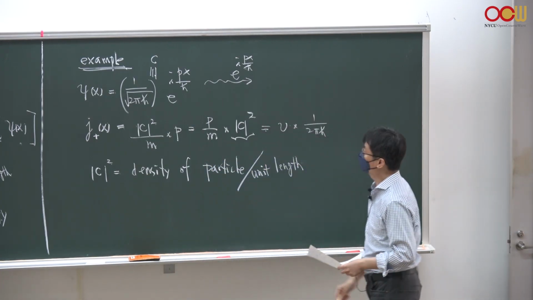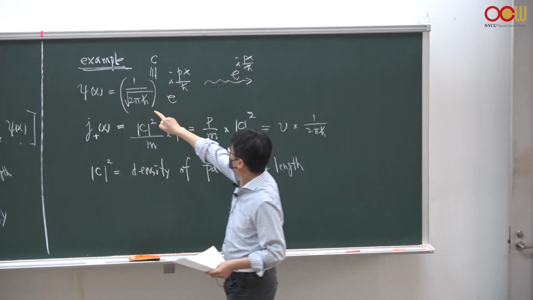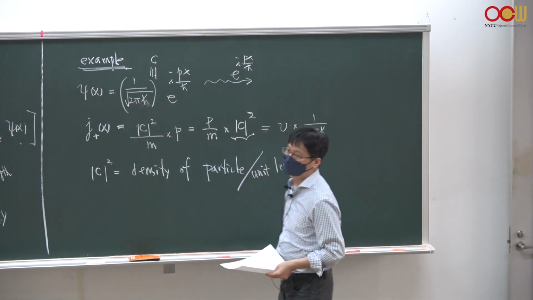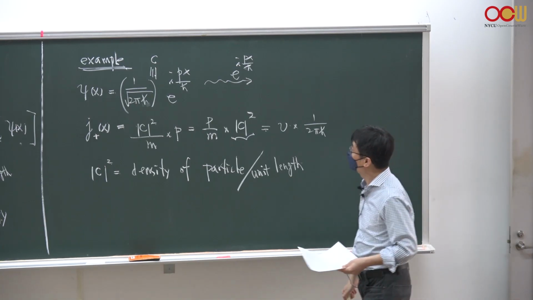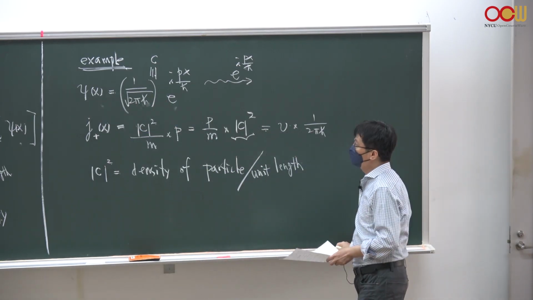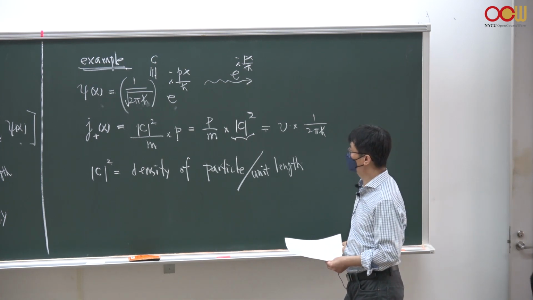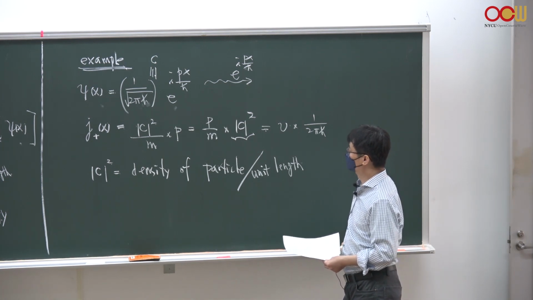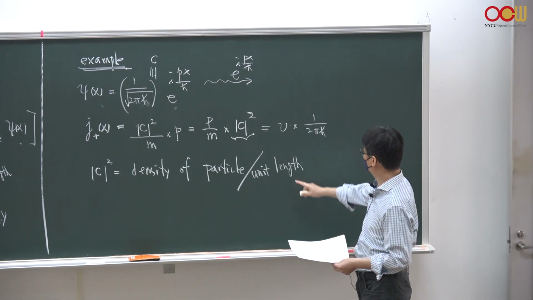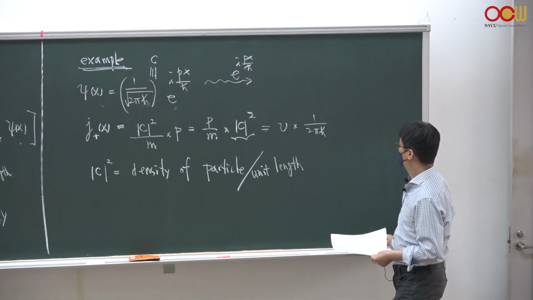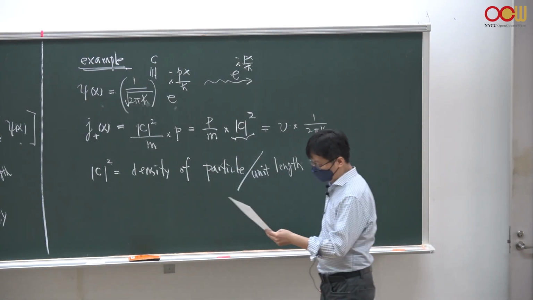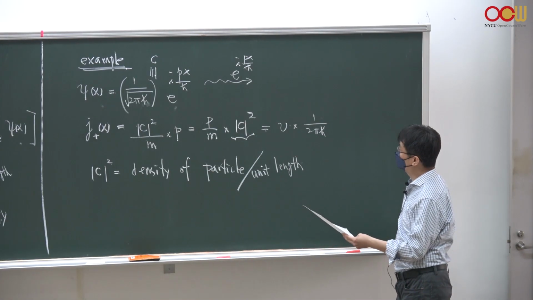And we know very well that this prefactor, 1 over square root of 2 pi h bar, is actually a normalization factor. If you want to normalize this momentum eigenfunction of the momentum operator, psi of x, this tells us that the density of the particle per unit length is given by 1 over 2 pi h bar in this simple free particle moving to the right.